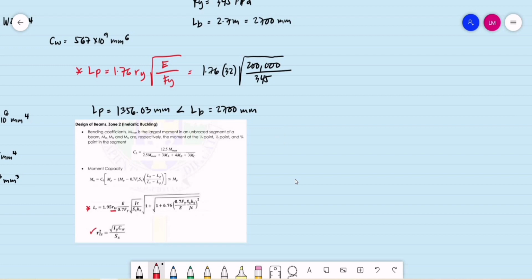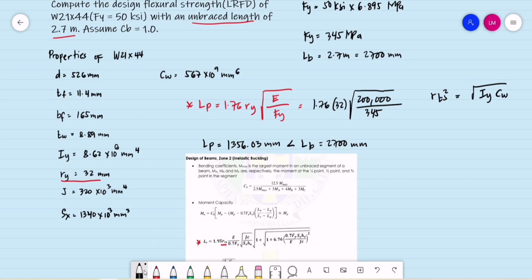For the value of r sub ts squared, this is equal to the square root of the moment of inertia with respect to the y-axis times C sub w. Again, these values are taken from our database for the properties of W21 by 44. Then this is to be divided by the section modulus with respect to the x-axis. We have r sub ts squared equal to the square root of, what is our Iy?